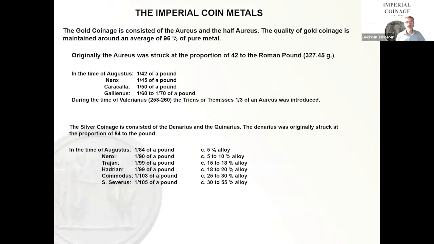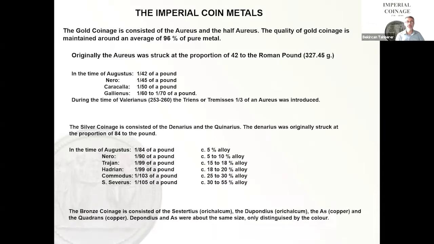Silver coins, they had 2 denominations, and they were the hardest to keep intact. During the time of Augustus, it was 1/84 of a pound. Nero 1/90, Trajan 1/99, Hadrian kept the same, Commodus 1/103, and Septimius Severus 1/105, and it continued to decline in time.